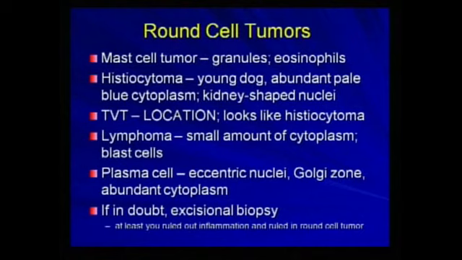Histiocytomas are generally in young dogs. They are a monomorphic population of cells with abundant light blue cytoplasm and reniform nuclei. Transmissible cell tumors are often diagnosed based on location, and that locational diagnosis is confirmed by the presence of monomorphic cells with deep blue cytoplasm and very discrete clear vacuoles.